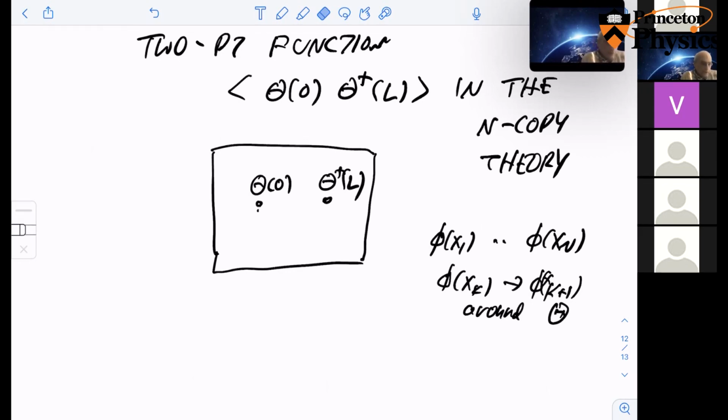Now, a 2-point function, and here's where we really will use conformal invariance. This is the first place we really use conformal invariance.